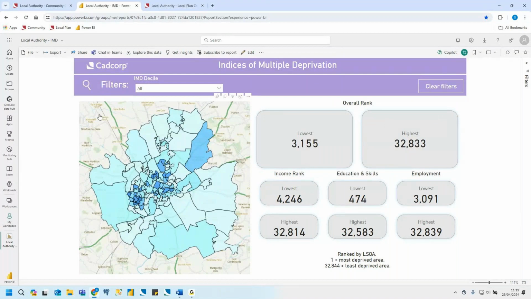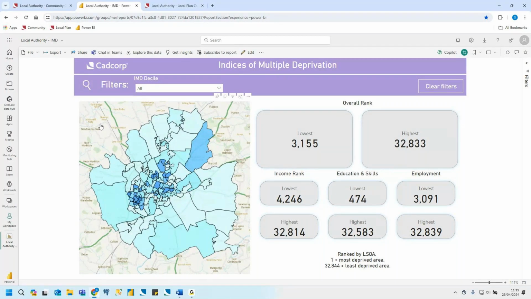Now, it's still using web mapping, but it offers another opportunity to convey local information. And there are many benefits to the visual, such as being able to use Ordnance Survey mapping. You can also display and interact with points, lines, and polygons. You can use dynamic colors, which we have in this example. And you can also show additional read-only layers in the map as well, if you wish.